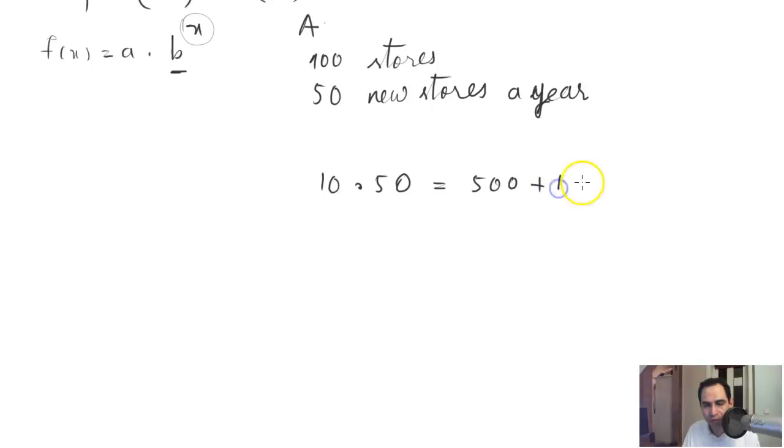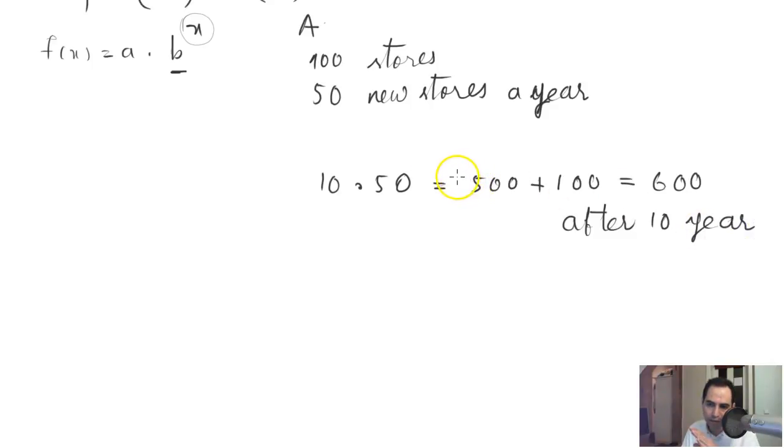So you have 600 stores after 10 years. That's a straight line which has a slope.